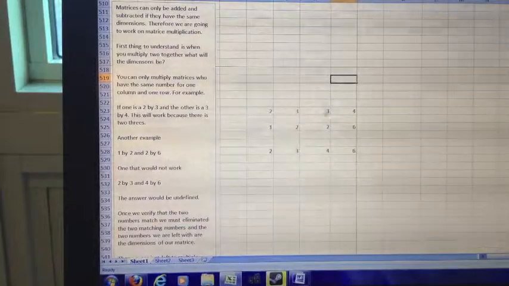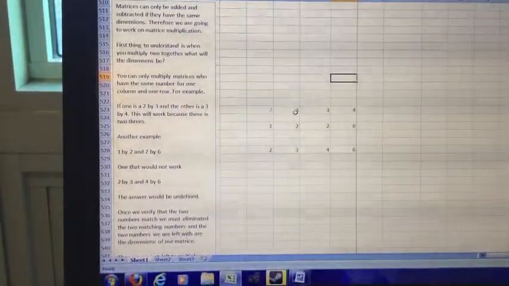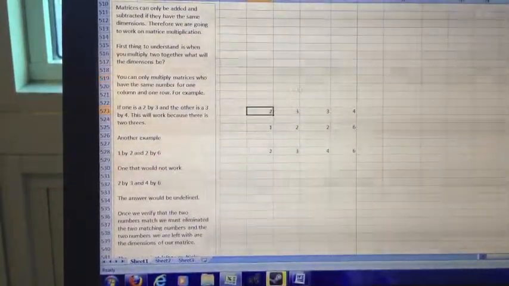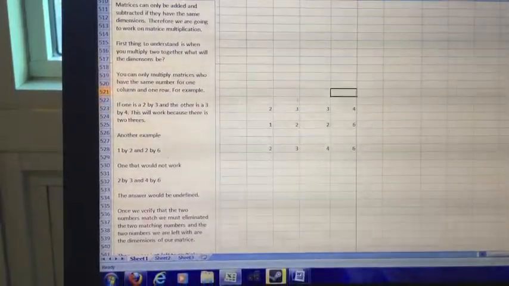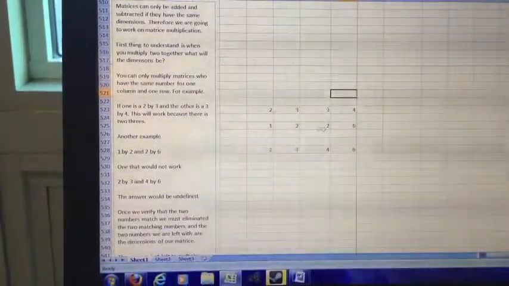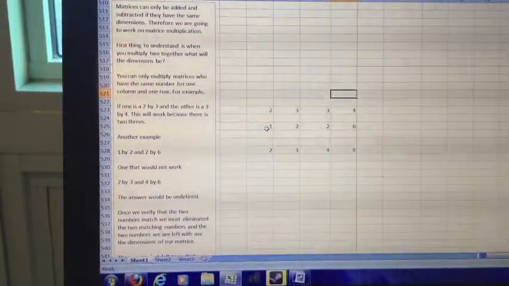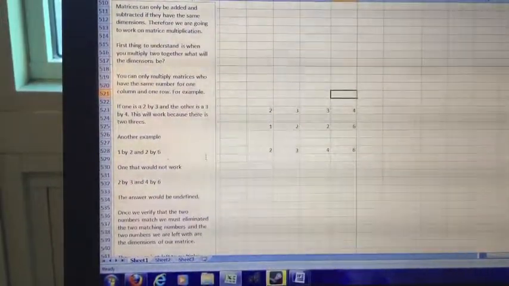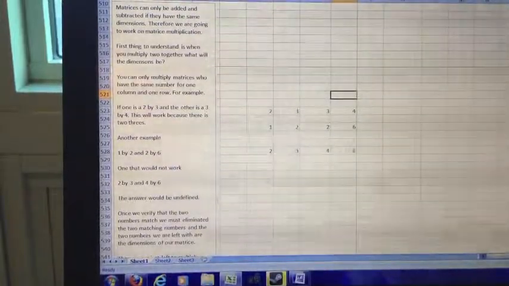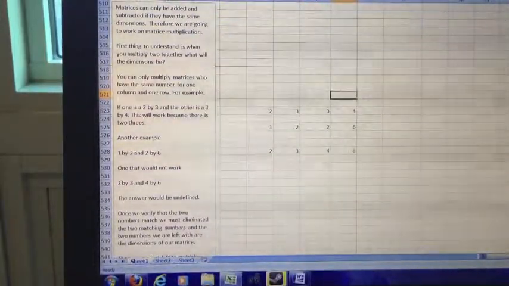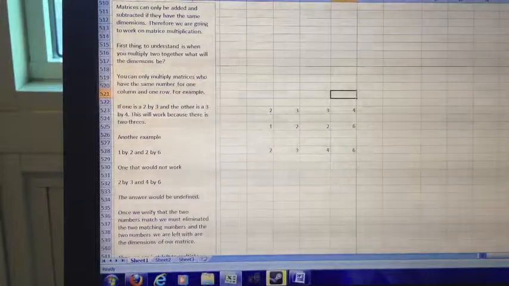We would get rid of these 2 3's in the middle, and our final product would be a 2 by 4 matrix. Or say we have the 1 by 2 matrix and the 2 by 6 matrix. We would get rid of the 2's, and our final matrix would be a 1 by 6 matrix. So that is how you would figure out the dimensions of your final matrix.